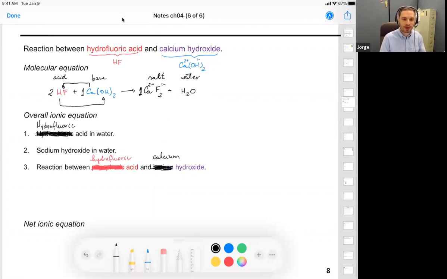And now let's check the hydrogens. We have 2 hydrogens for the 2HFs, and attention here, 2 for the base, a total of 4 hydrogens, which means we need to have 2 water molecules in the product side. With that, the reaction now is balanced.